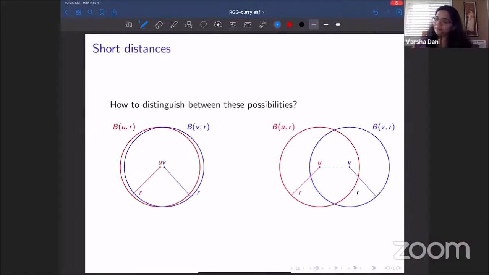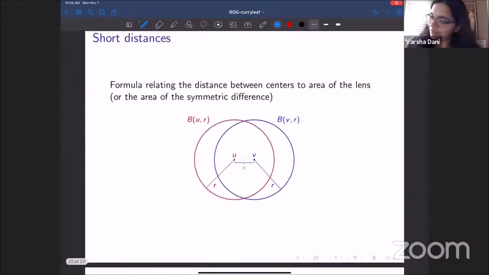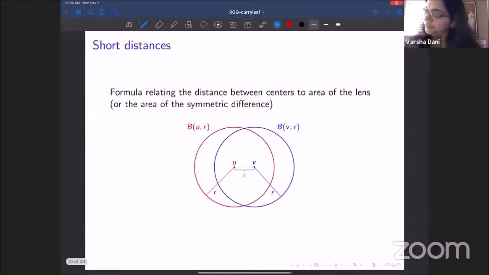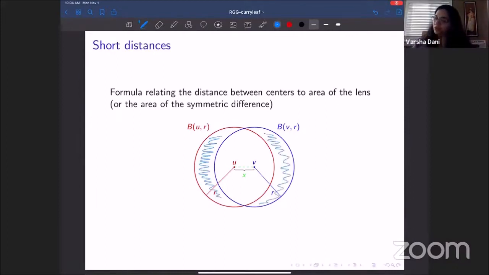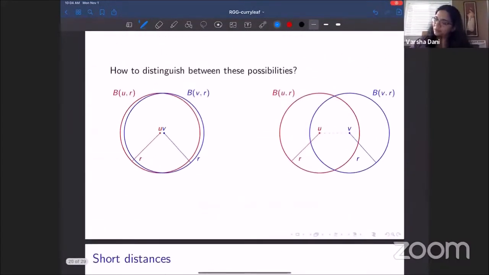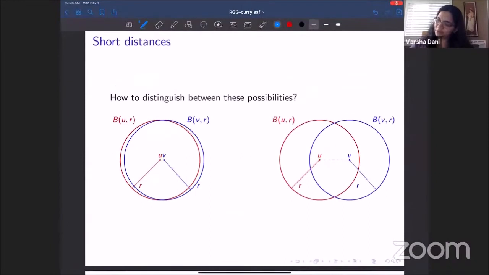So here is the insight, which is that if you look at this symmetric difference between these two balls of radius r, notice that over here, that's this very tiny thing, whereas over here, it's this very big thing.